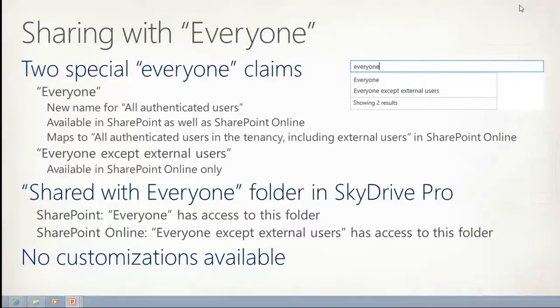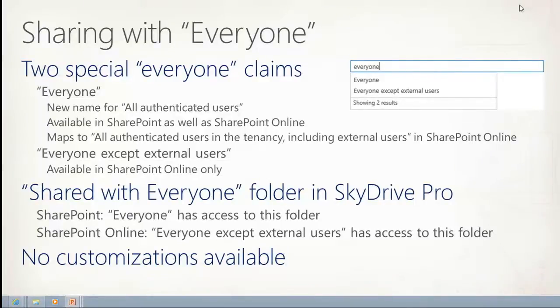Now, we've heard from a lot of users that it's a very common scenario for them to share documents with a broad set of people. They want to get feedback from everyone in the company or whatever. It's a very common thing for them to do. To simplify this, we've created a folder in your SkyDrive Pro. The folder is called Shared with Everyone. So as the name suggests, everything in the folder is shared with everyone.